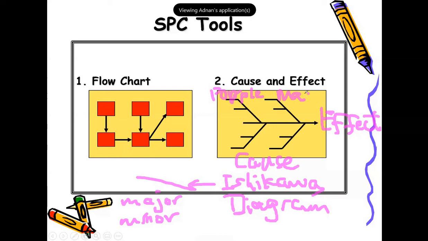These are major causes, major categories. You may also have material as another category, and maybe system or environment.